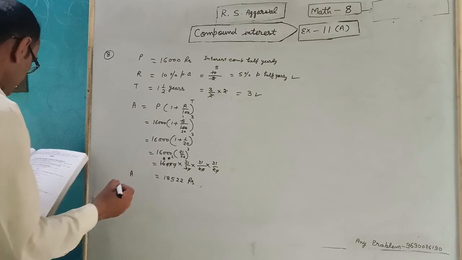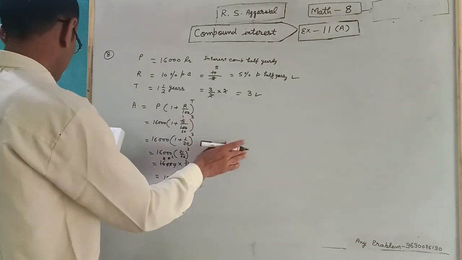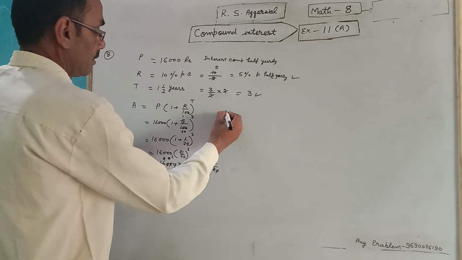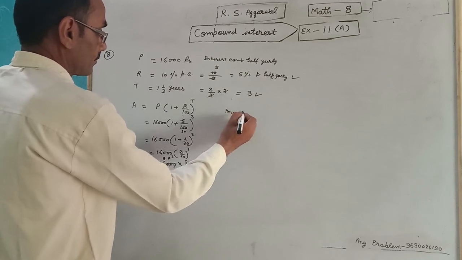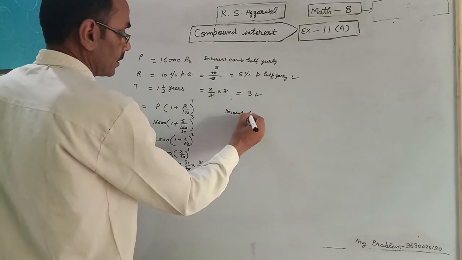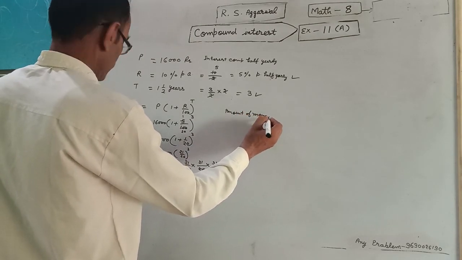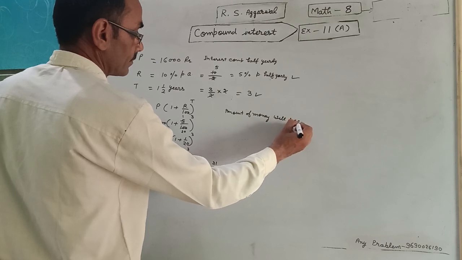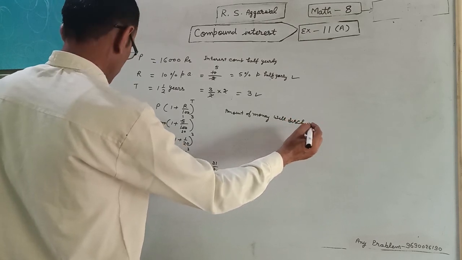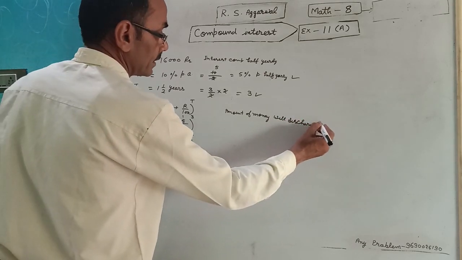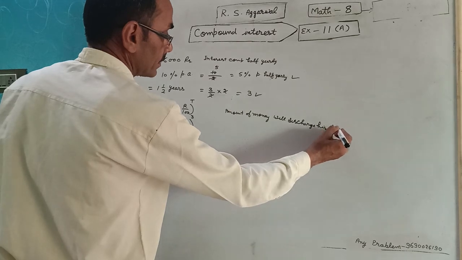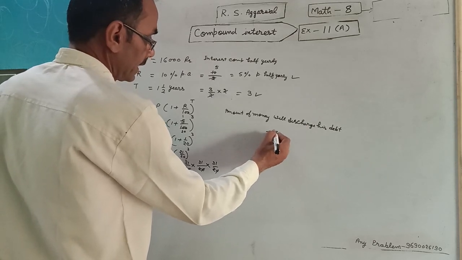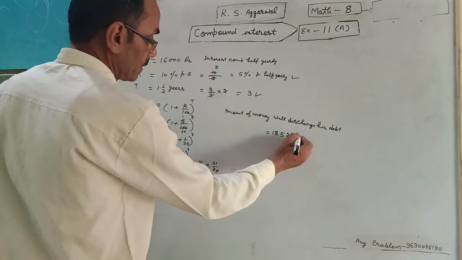The amount of money that will discharge his debt is equal to 18,525 rupees.